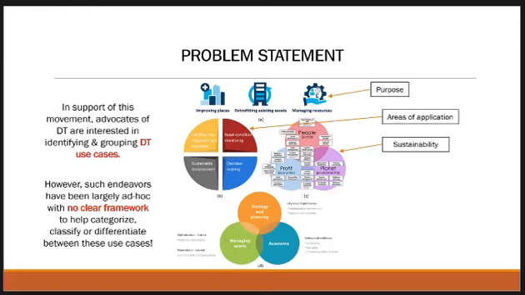And finally, down there, there's another example as well. It includes three overlapping circles, but this time they correspond again to areas of application, whether it's strategy and planning, managing assets, or assurance.